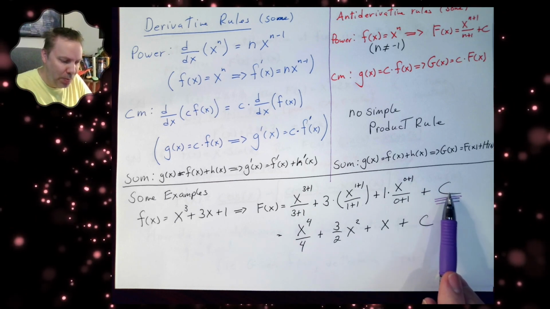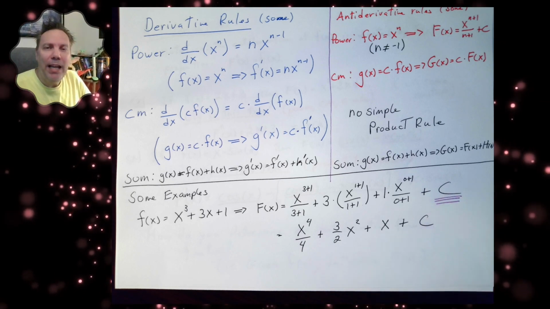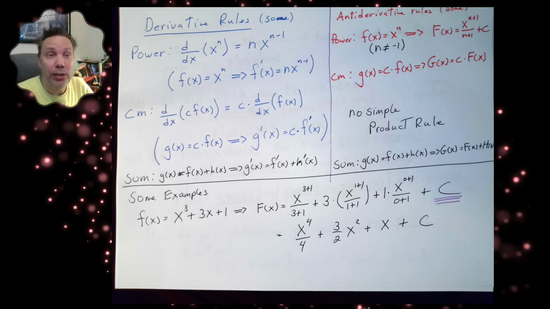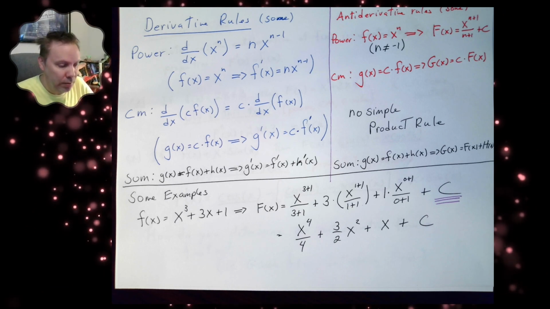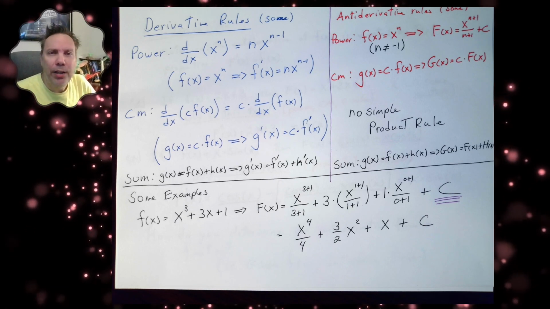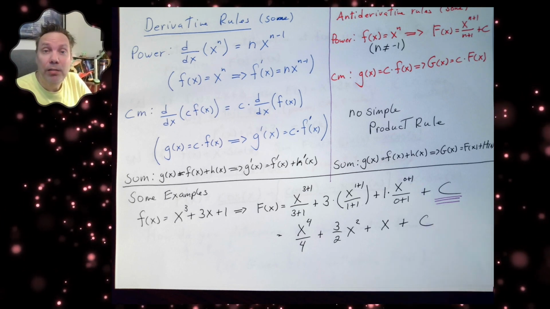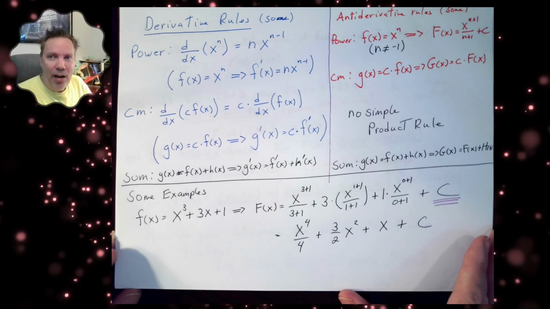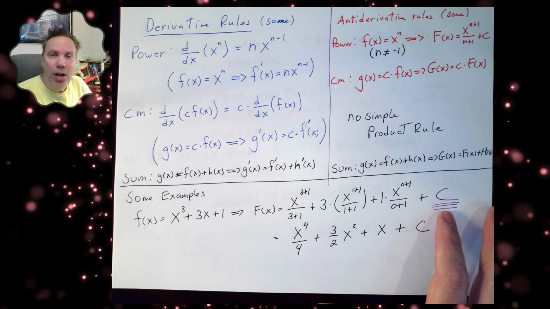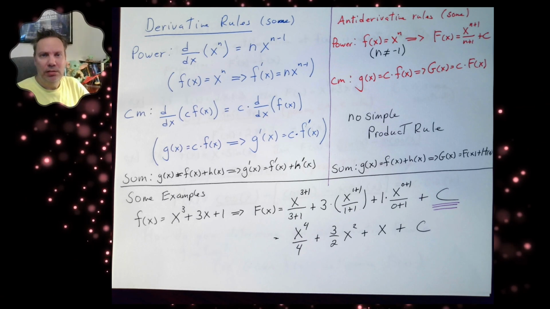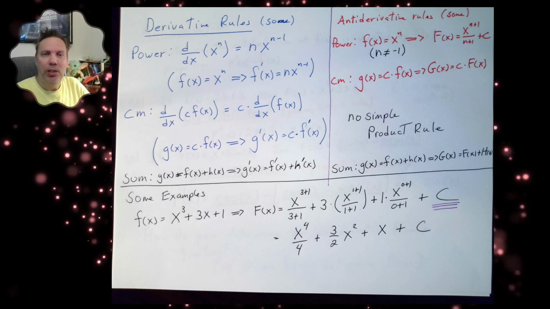So this little part can be any number that we want. It could be a 12, it could be a pi, it could be a 32, it could be a 42. Anything goes. In a later video, I'll talk about how we can use this unknown to answer some other questions that we'll be looking into.